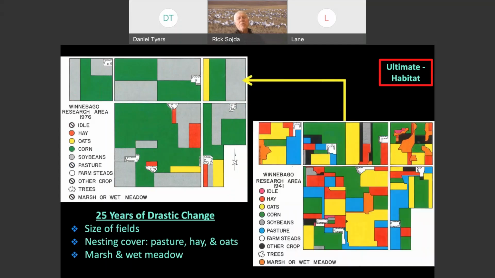If you compare it over those 25 years, there really was drastic change. The size of fields increased, and the amount of pasture, hay, and oats for nesting cover plummeted. Marshes and wet meadows were taken out. I think there's a shelter belt that was taken out on a farmstead. So essentially, we eliminated habitat, and as you eliminate good habitat for pheasants, you eliminate the pheasants. Pretty straightforward, but I think it shows a really good story.